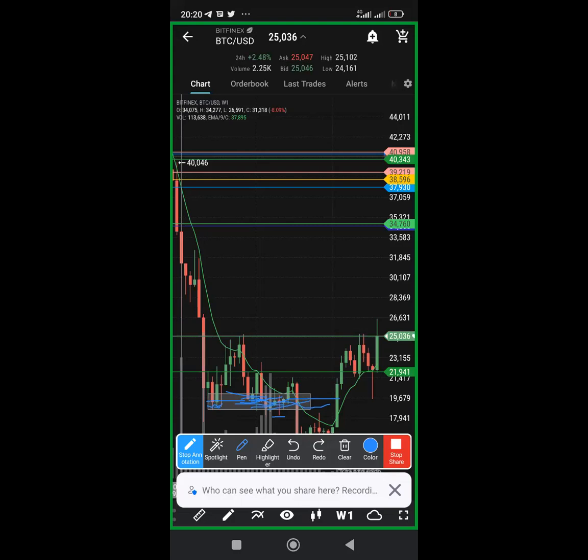So that is why we sometimes use just a line to represent it, or we use this rectangular shape here to show the key price zone. A key price zone is a zone, not just one line.